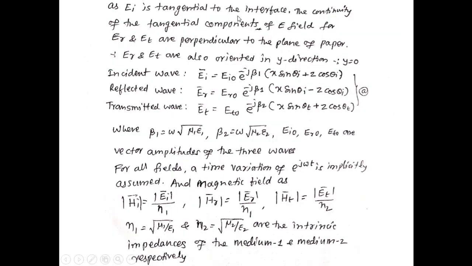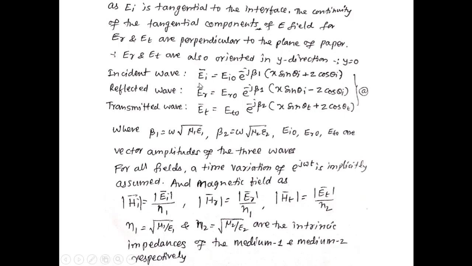As EI is tangential to the surface, the continuity of the tangential components of the E field for reflected and transmitted waves are perpendicular to the plane of paper. Therefore, ER and ET are also oriented in y direction. Therefore, y is equal to 0.